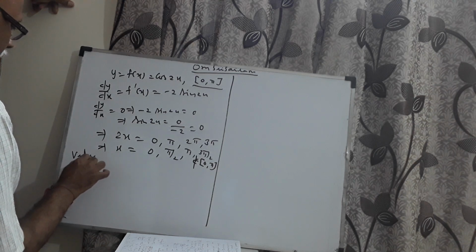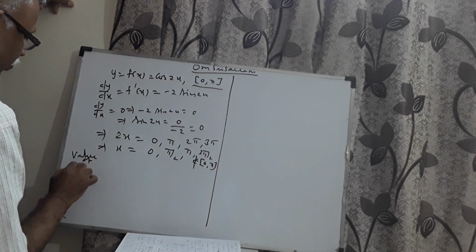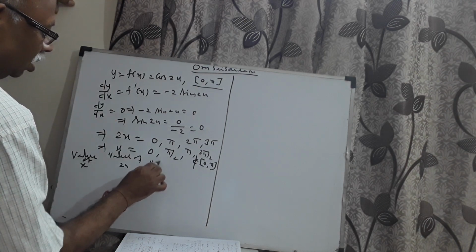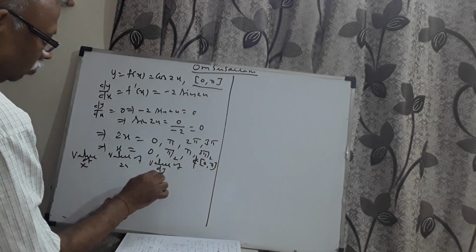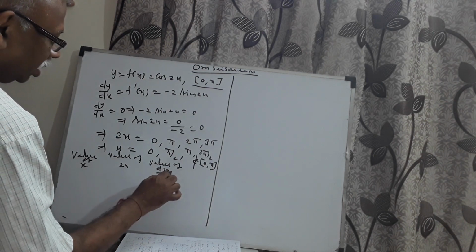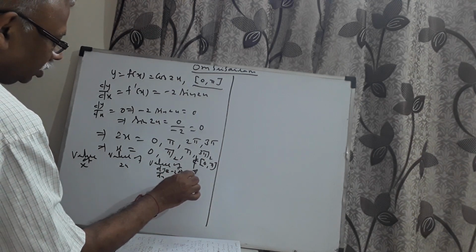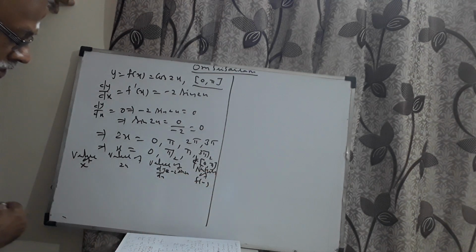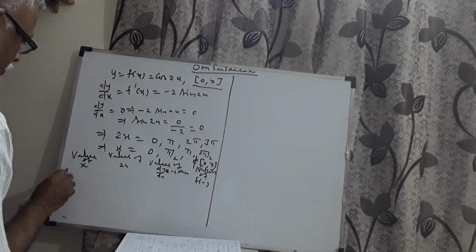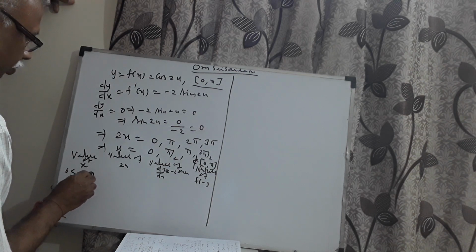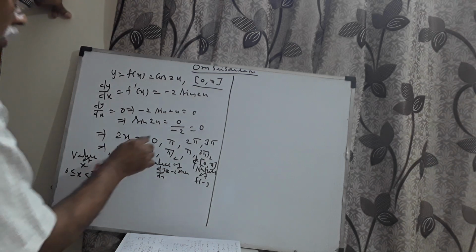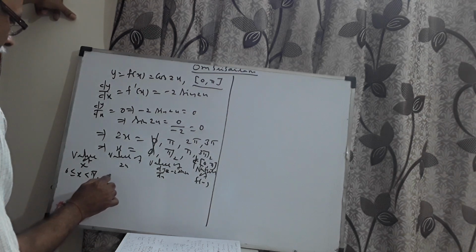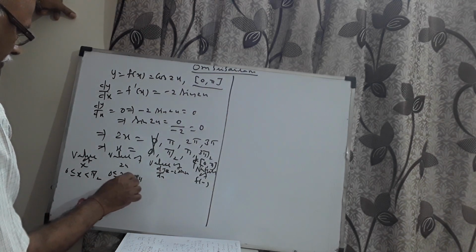Therefore, I'll take a tabular column like this. Value of x, value of 2x, then value of dy/dx = -2 sin 2x, remember carefully there is a minus sign, then write the nature of f(x). For 0 ≤ x < π/2, even the 0 I need not calculate, I'll start with π, 2π, etc. This means 2x is between 0 and π.